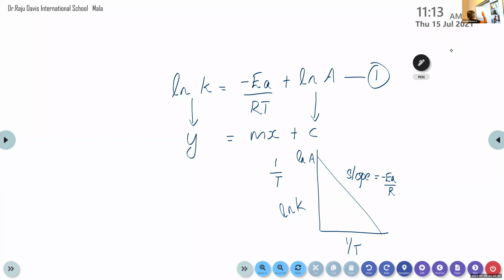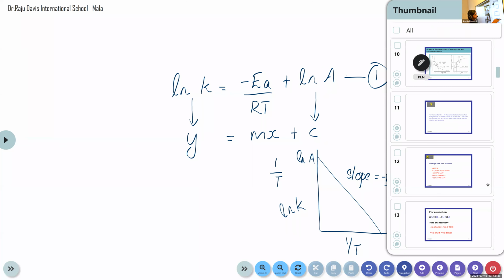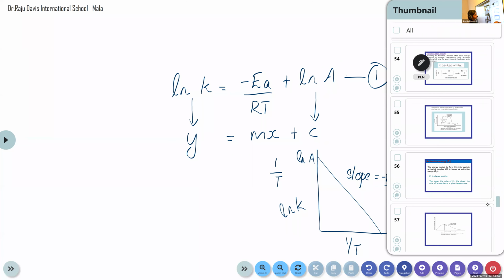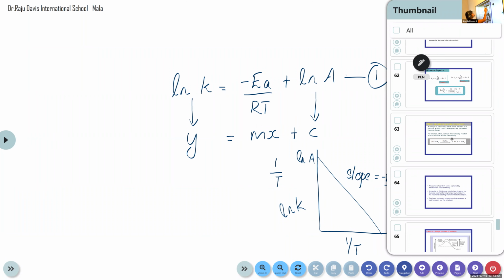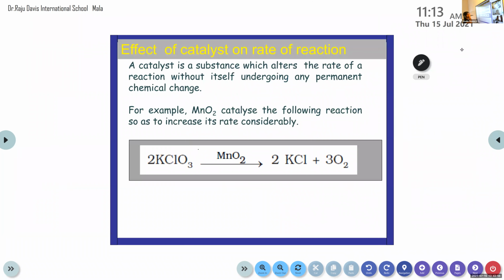Write down the heading: effect of catalyst on rate of reaction.